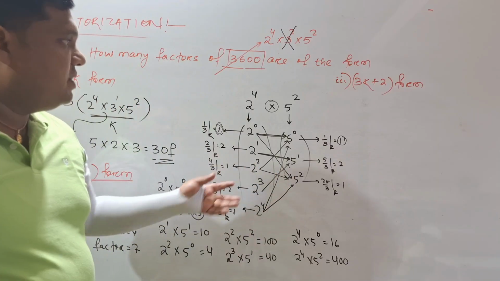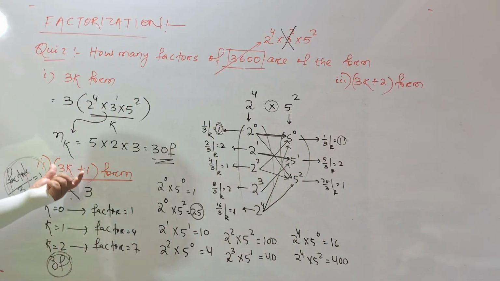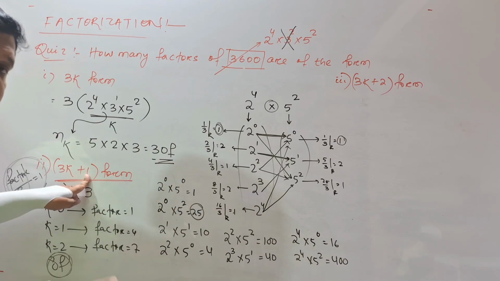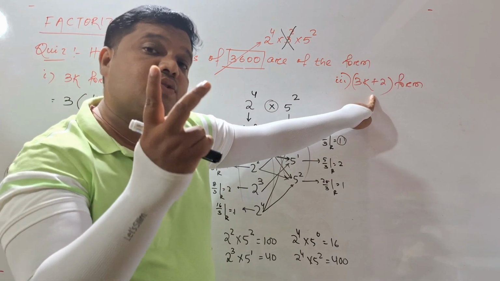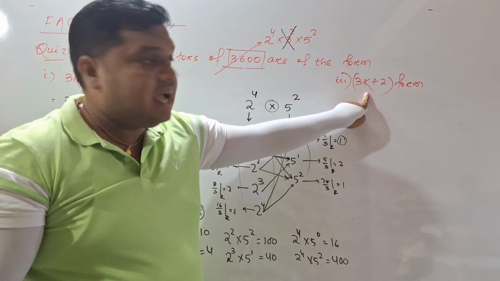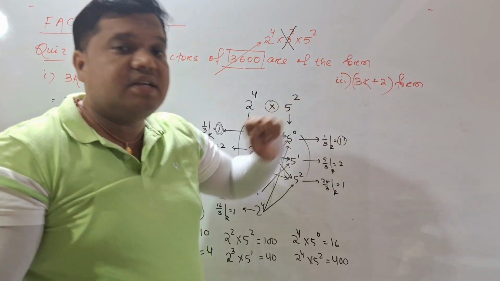But think about the combination. Combination means similar to the way I handle 3k plus 1. Here remainder is what? I have to think about that combination which results 1 as the remainder. Think about that combination which results 2 as the remainder. Because this number is also not divisible by 3. And here when you divide the factor by 3, remainder obtained is 2.